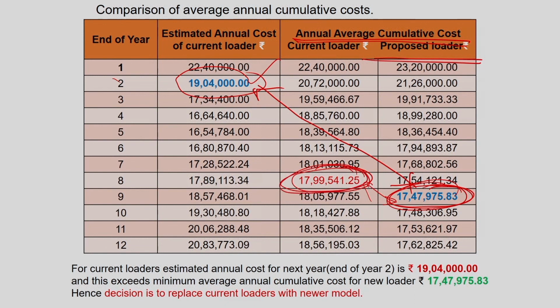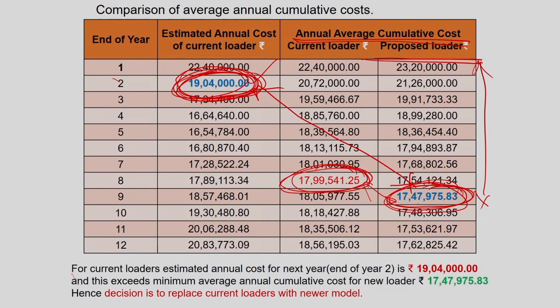Okay. So it means that if you hold your proposed loader for 9 years, the average annual cumulative cost which you will incur for the 9 years will be 17,47,975, which is lesser than the estimated annual cost for the current loader for the next year, that is second year. Okay. So that is why we are replacing it immediately.